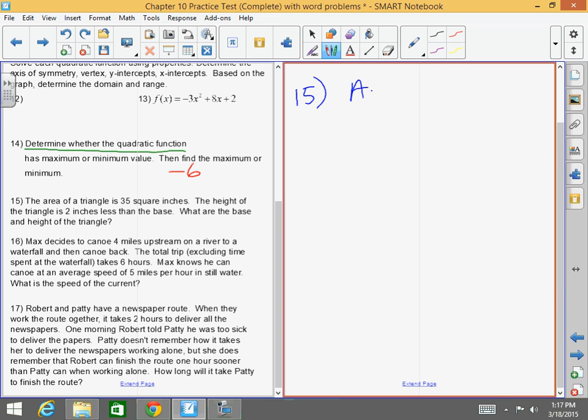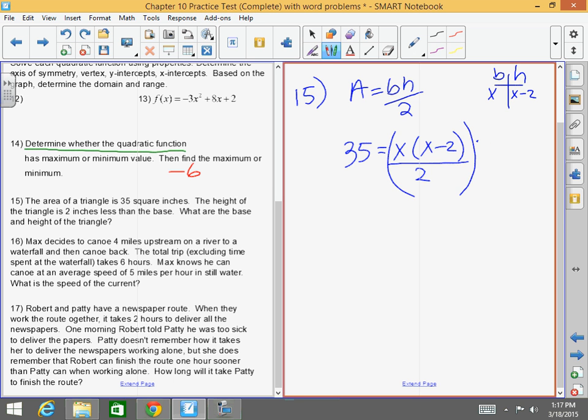Well, area of a triangle equals base times height divided by 2. 35 is my area. They say that the height is 2 inches less than the base. Base is unknown, x, height is x minus 2, so x times x minus 2 over 2. Multiply 2 to both sides, 70 equals x squared minus 2x.